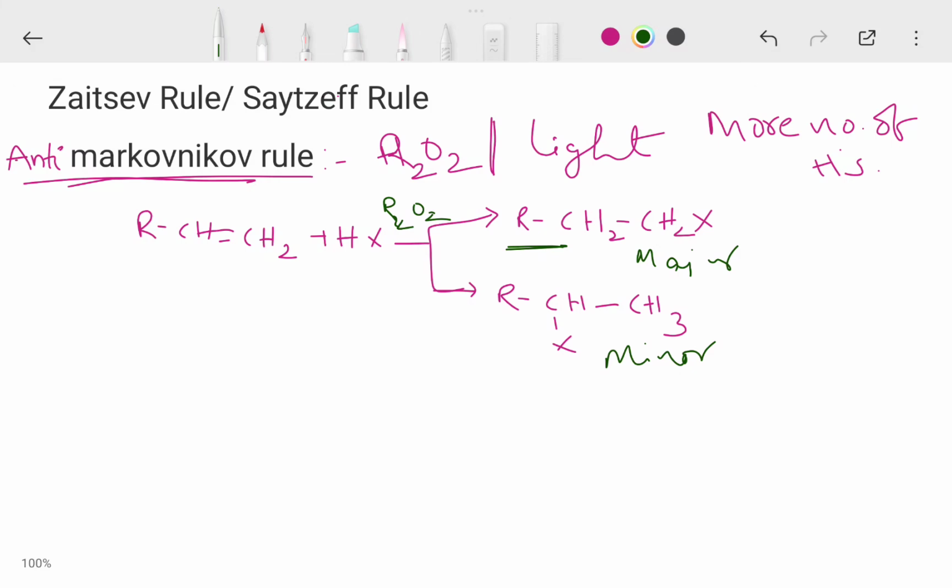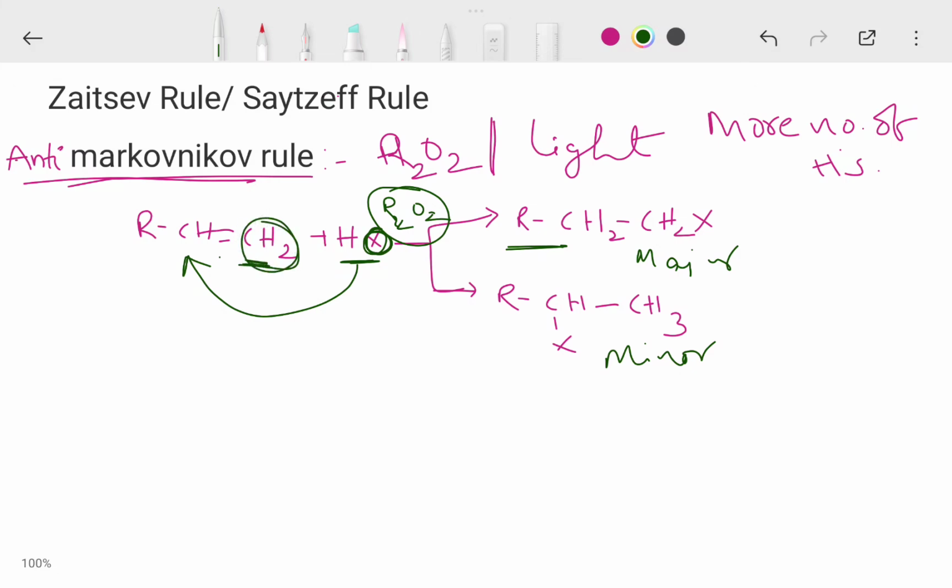According to anti-Markovnikov rule, addition of a reagent to unsymmetrical alkenes in the presence of peroxides or light, the negative part of the reagent is added to that carbon atom of the double bond which bears the more number of hydrogens.